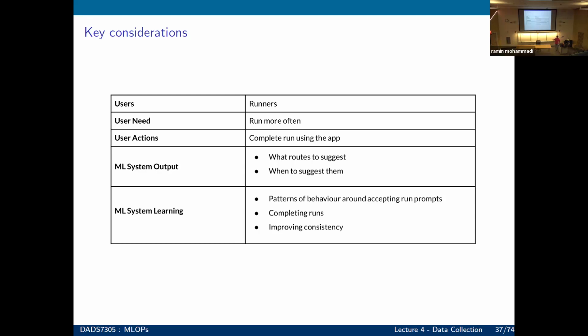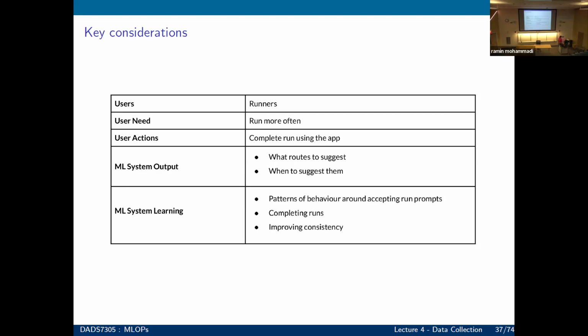So it doesn't necessarily need to come directly from the user saying I finished it, because sometimes you forget. Sometimes even when I run, I forget to turn off the Apple Watch, and the day after it's still on, like 20 hours of doing something. So you need to account for those types of things.